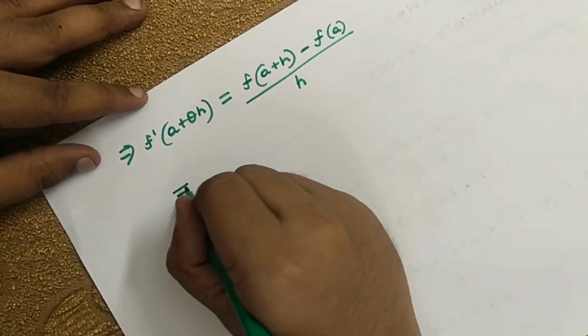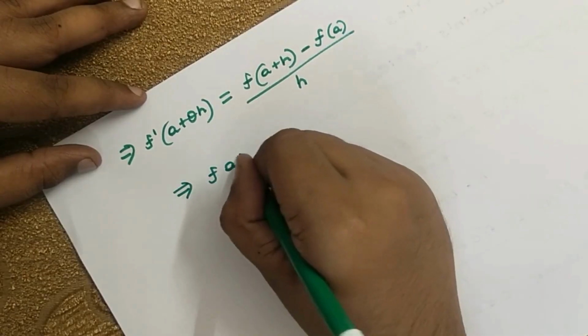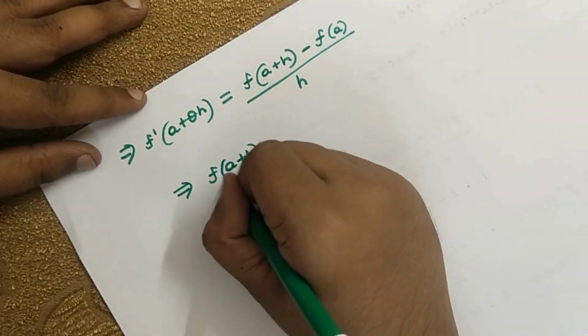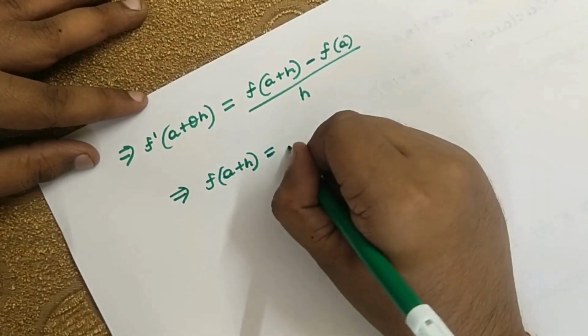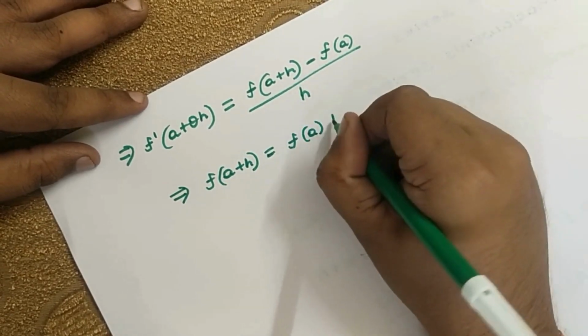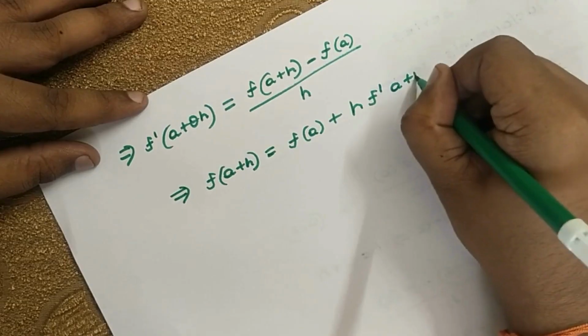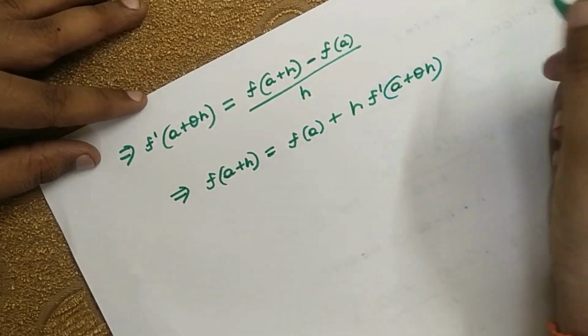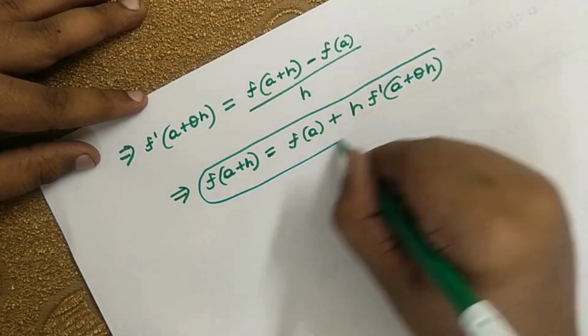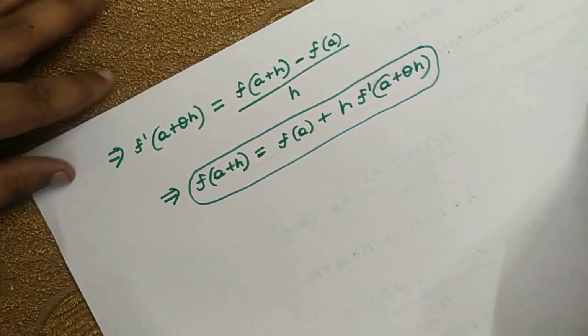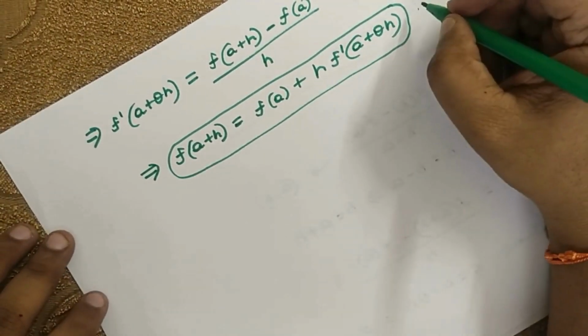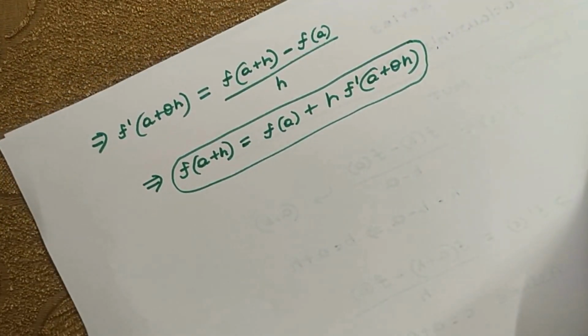Which implies f of a plus h becomes f of a plus h into f dash of a plus theta h, right? So this is quite important. This tells about our Lagrange's mean value theorem. This equation tells that.